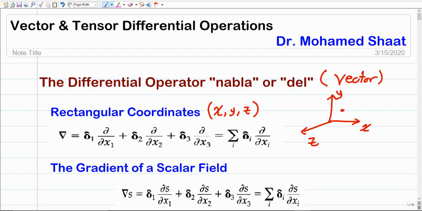So the nabla operator, or the gradient operator, or the del operator, is written with the unit vectors, and we said that this is known as the unit vector.